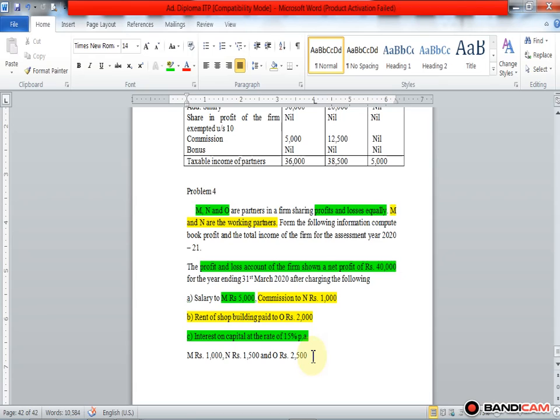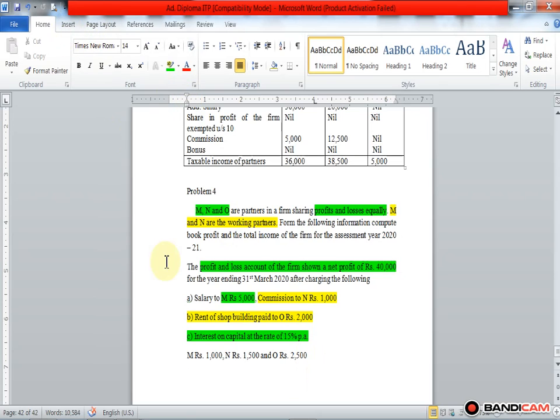After charging salary to Mr. M rupees 5,000 and commission to Mr. N rupees 1,000. Rent is ignored because it is an allowable expense of the firm. Interest on capital is at the rate of 15% per annum. Here 12% interest is exempted and the remaining 3% is taxable. So now we solve this problem.